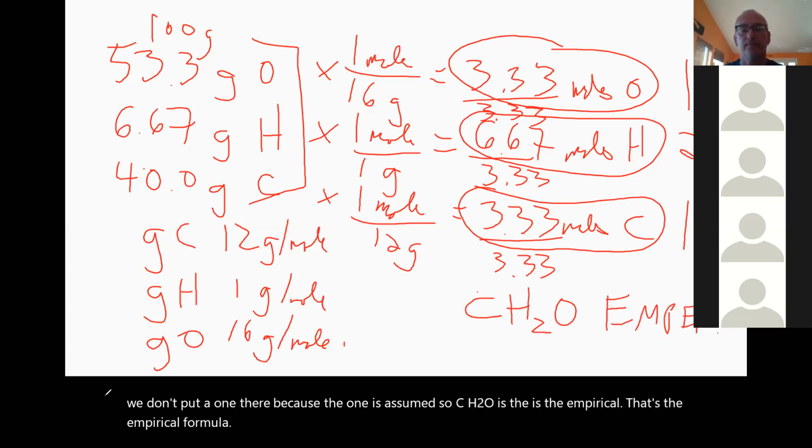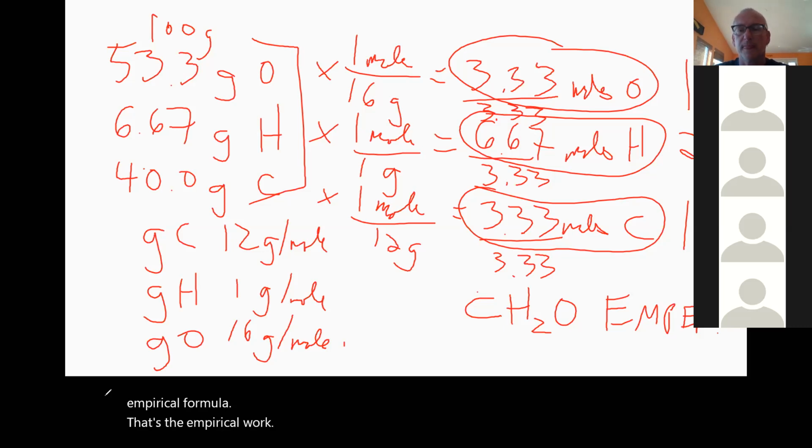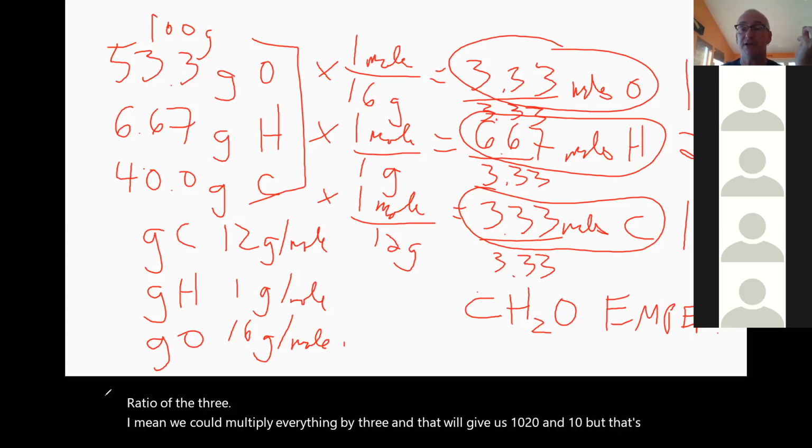So why do you divide by 3.33? Because we need to find the simplest ratio of the 3. I mean, we could multiply everything by 3, and that would give us 10, 20, and 10, but that's not the simplest ratio.